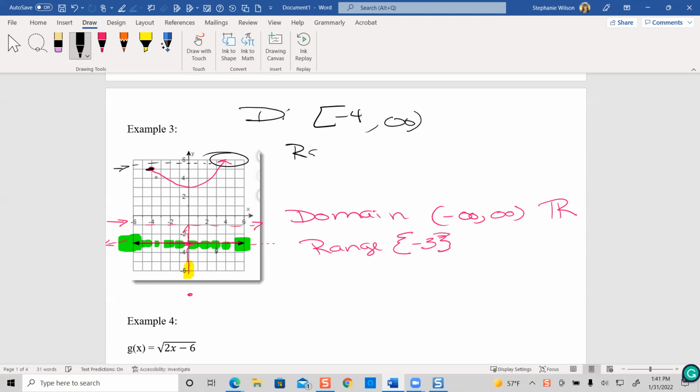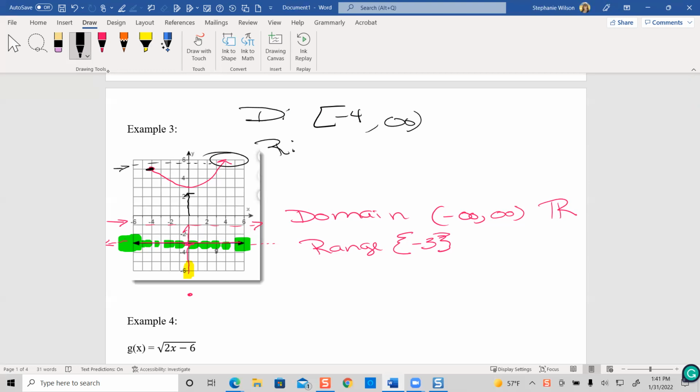Now let's talk about the range. I was just doing the shorthand notation. So we talk about the range, and we move up from bottom to top to find it. And if you notice, it hit right here at 3, right? The belly of it hit right here at 3.